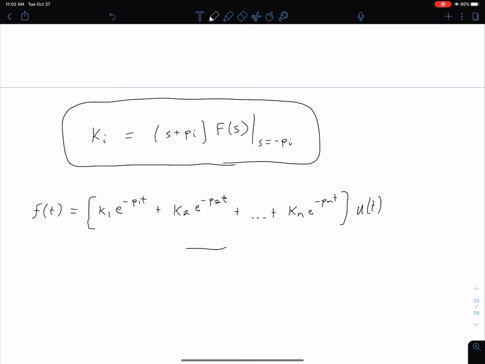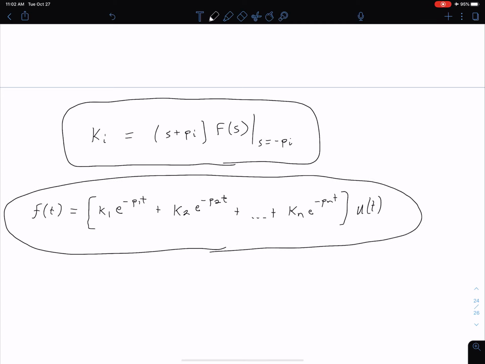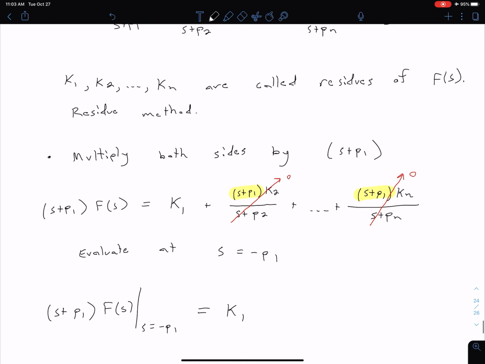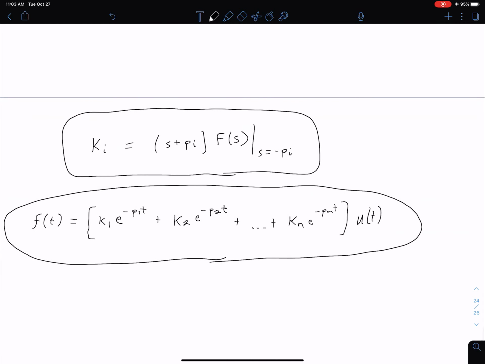All we're doing there is using our operational and functional transforms, which we can find in a table of Laplace transforms, to go from this equation up here to our time domain f of t.